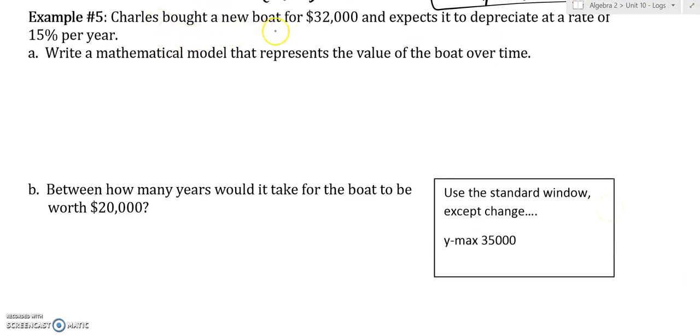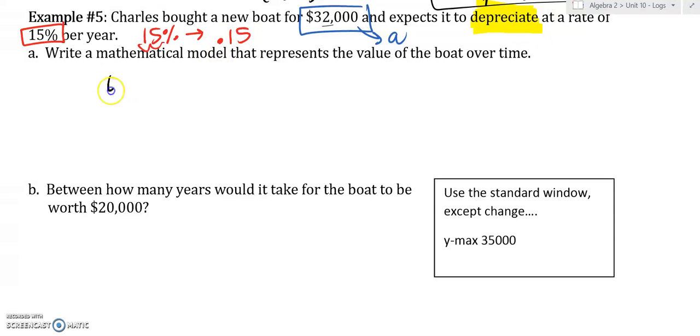Charles bought a new boat for $32,000 and expects it to depreciate at a rate of 15% per year. Write a mathematical model that represents this. So let's see what they gave me. They gave me $32,000, how much they bought it new. So that's the initial value. It expects to depreciate, so decay at a rate of 0.15.